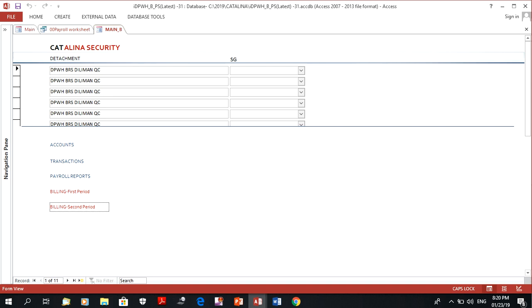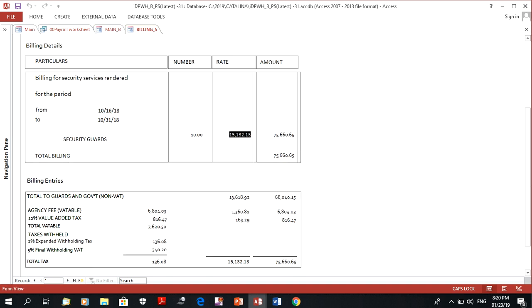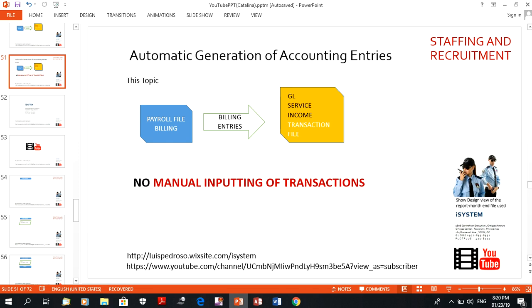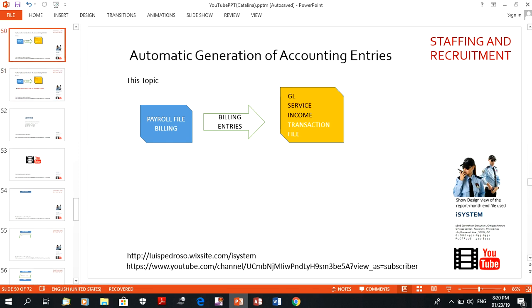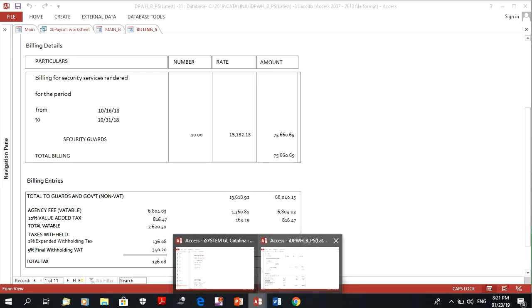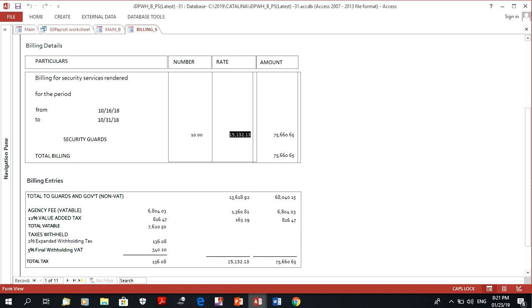Okay, now what are these? These are the entries that have to be automatically generated from our payroll file and brought to the GL file.